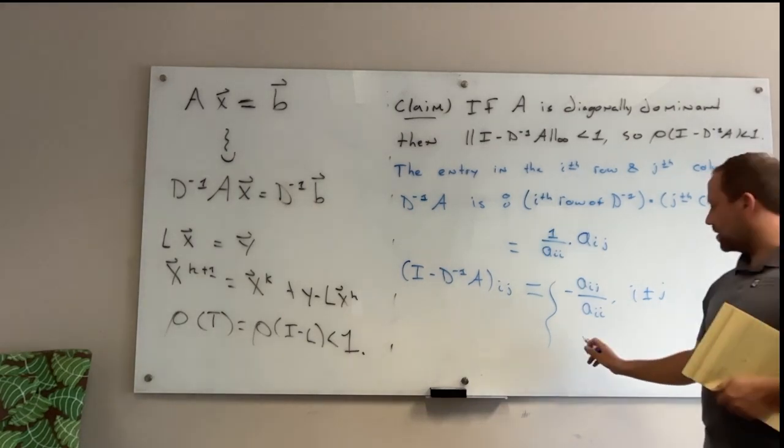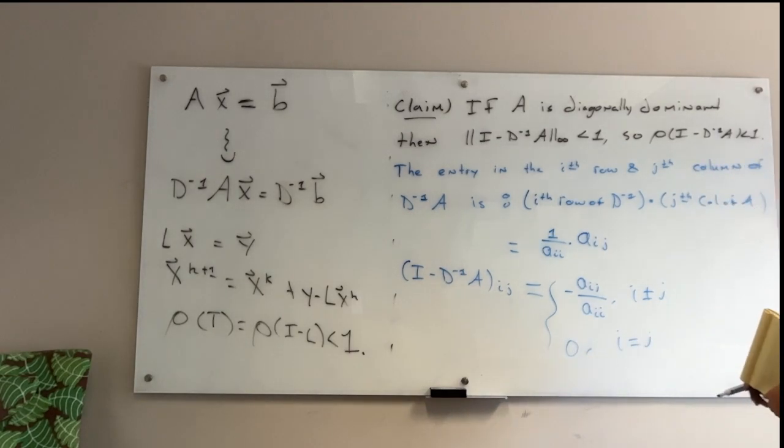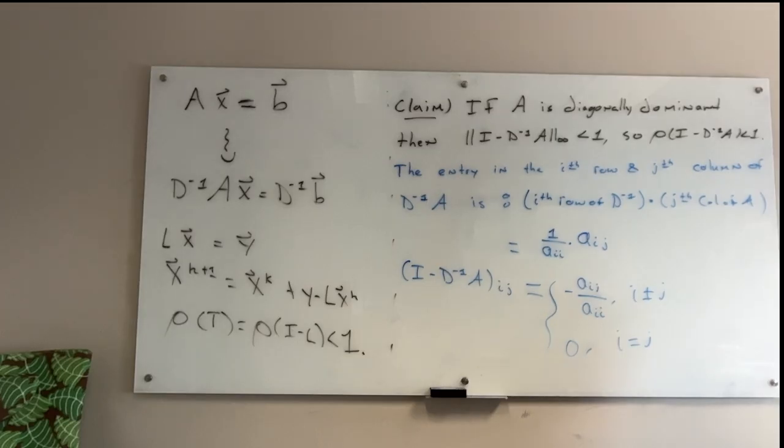And I'm going to get 0 if i is equal to j, because it's going to be 1 minus Aii over Aii.